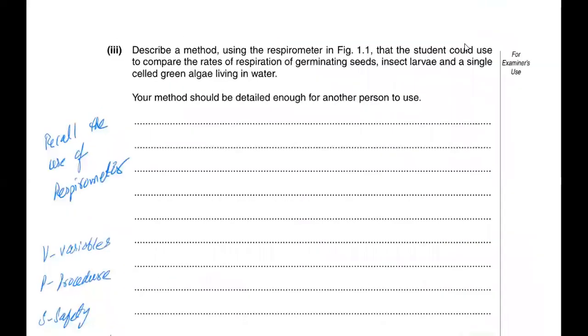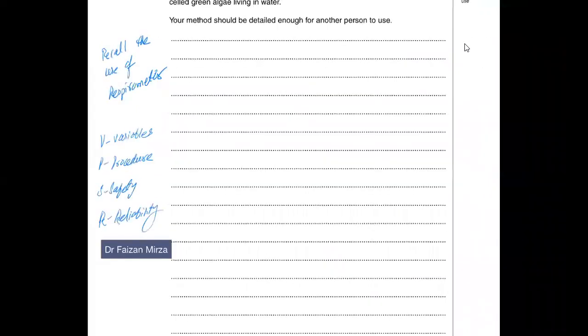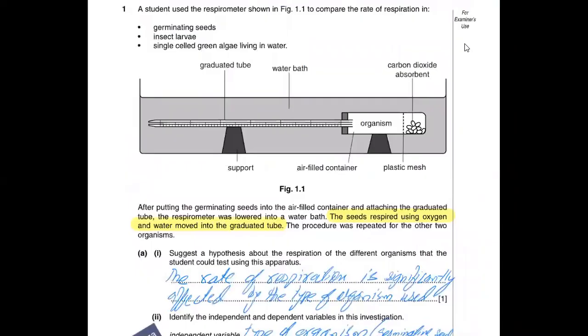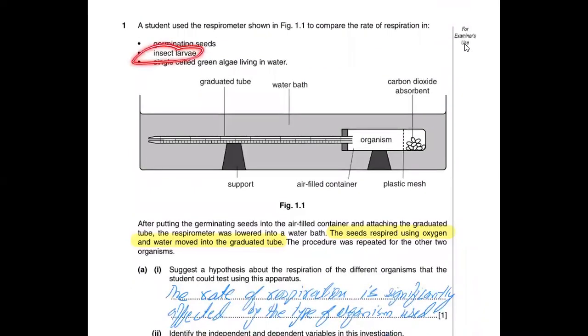Describe a method the student could use with the respirometer in figure 1.1 to compare the rates of respiration. It should be descriptive enough. You would need to make an 8-mark answer here, including all the variables, procedure, safety, and reliability. You can mention how the organism can be weighed. If you take the insect larvae first, weigh it and place it in a dish inside, and lower this apparatus into the water bath.